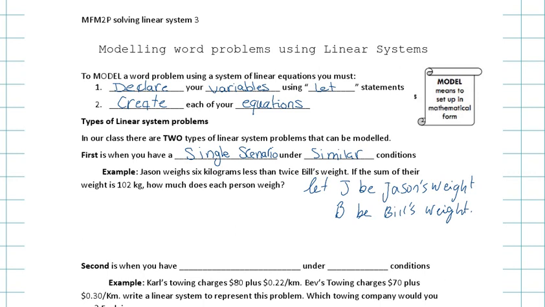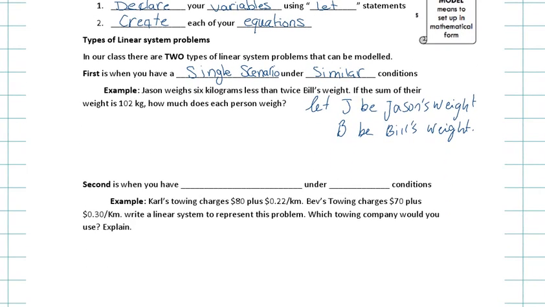So let's look at the first sentence again. The first sentence says, Jason's weight is 6 kilograms less than twice Bill's weight. So how can I write that as an equation? So Jason's weight is 6 less than twice of Bill's.